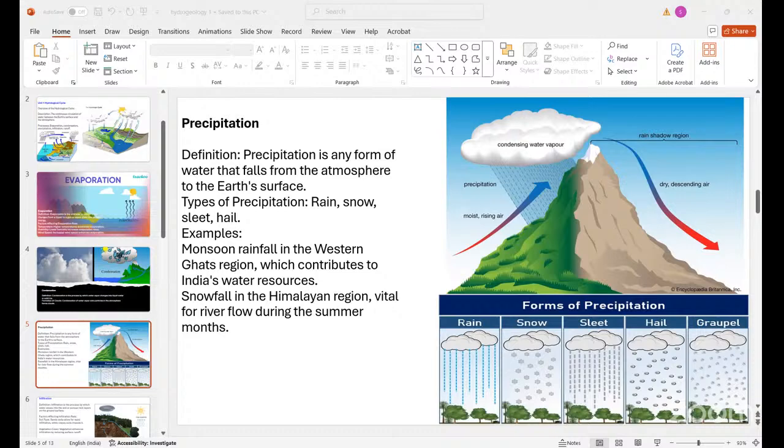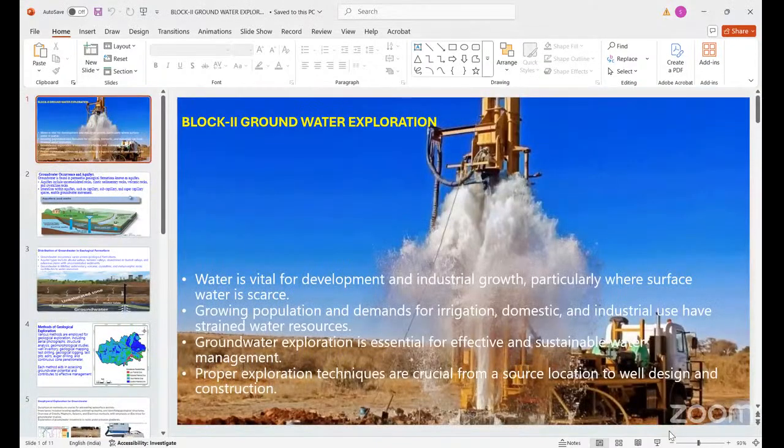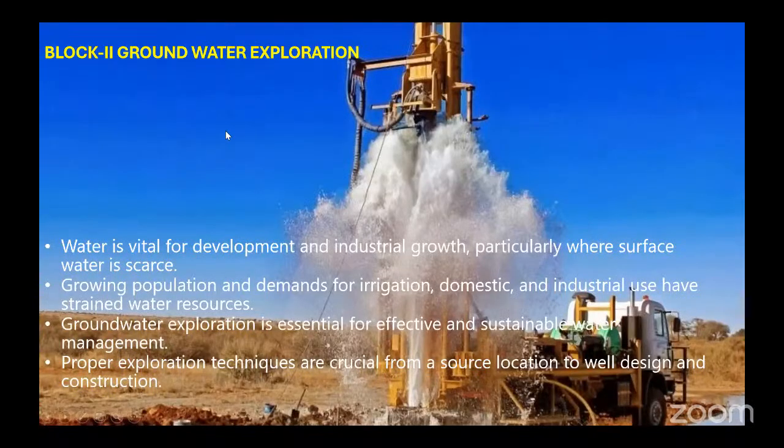Now we'll discuss the introduction part of Block 2, groundwater exploration. What is groundwater? In today's class we have discussed the hydrogeological cycle, the aquifer types, and the processes involved in the hydrogeological cycle, like evaporation, condensation, precipitation, infiltration, and runoff.